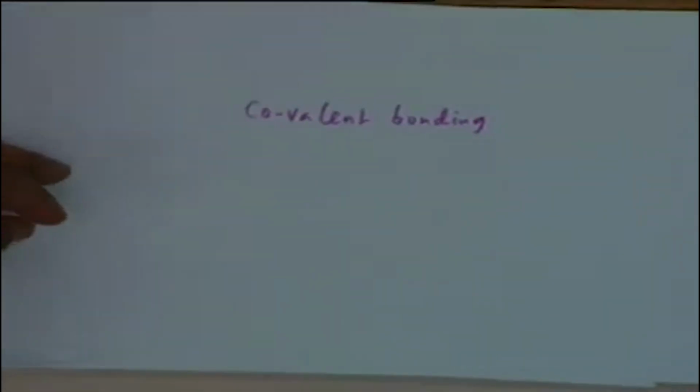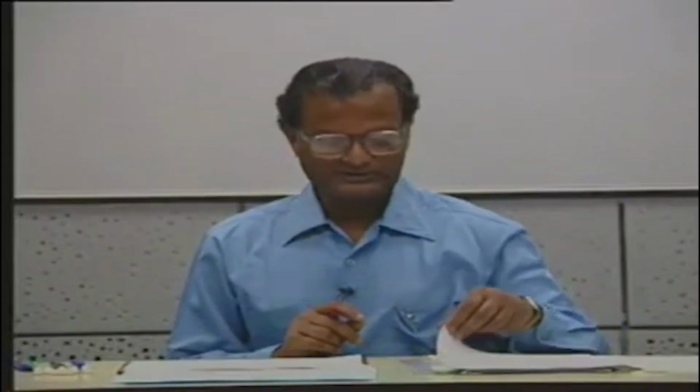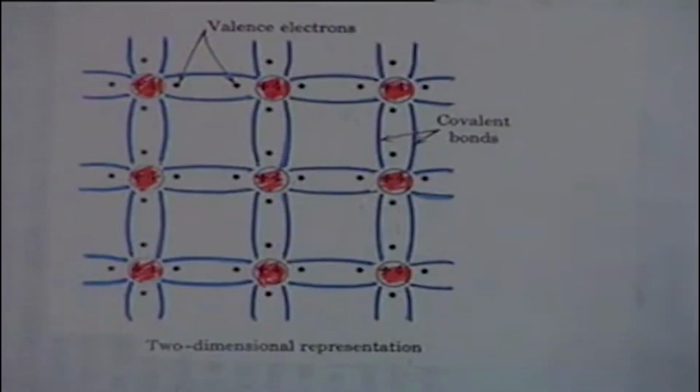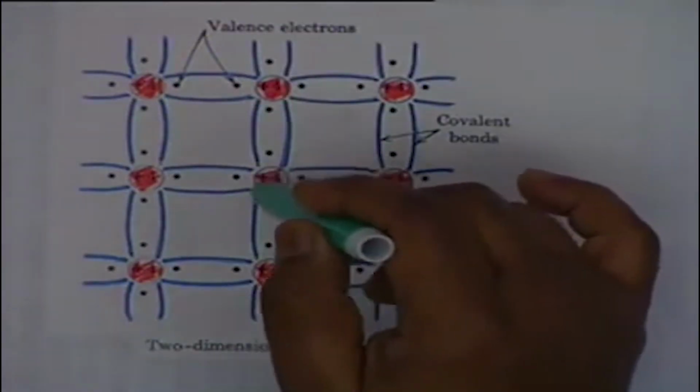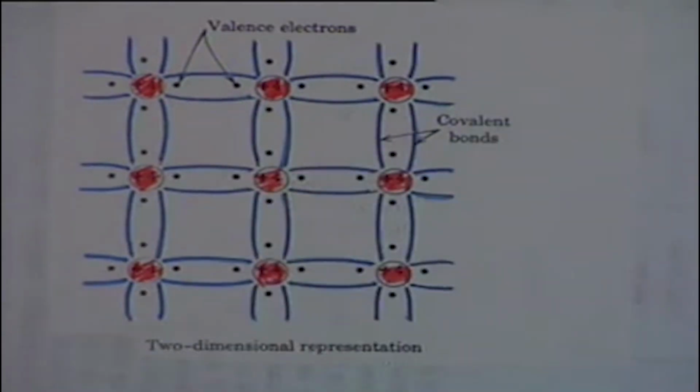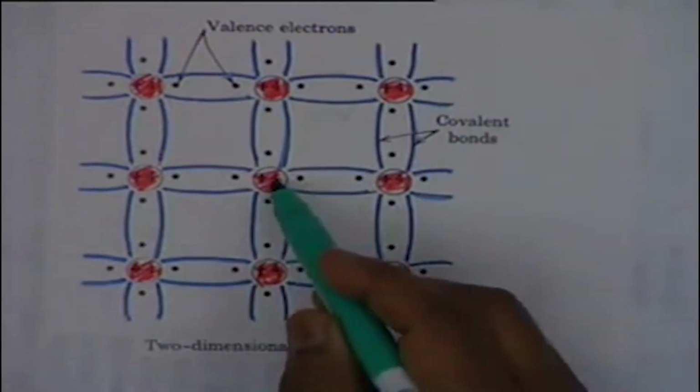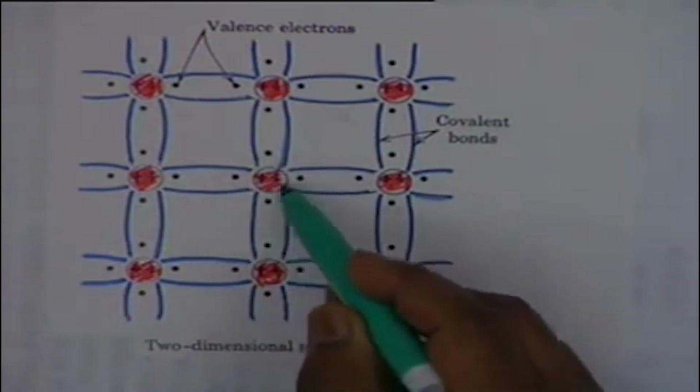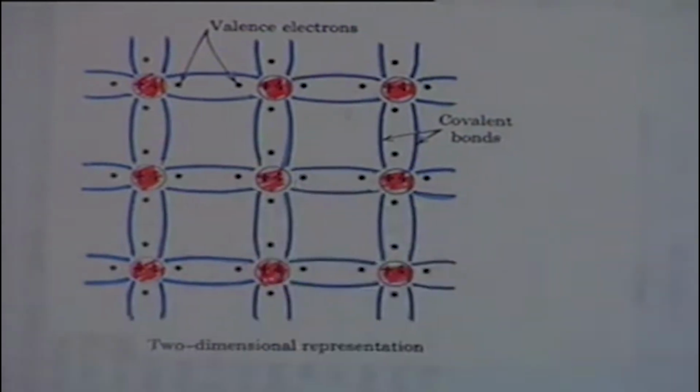A typical 2-dimensional picture, I can't show in 2 dimensions a 3-dimensional picture, but a typical 2-dimensional representation would be like this. These are the positive charges, plus 4, and 1, 2, 3, 4. These are the outermost shell electrons.